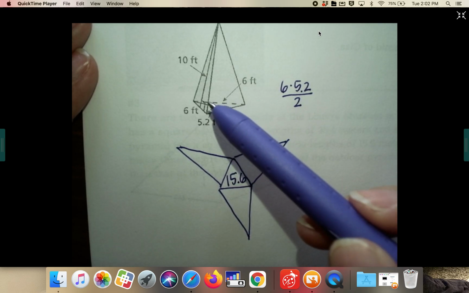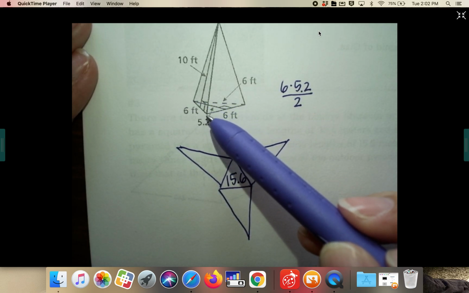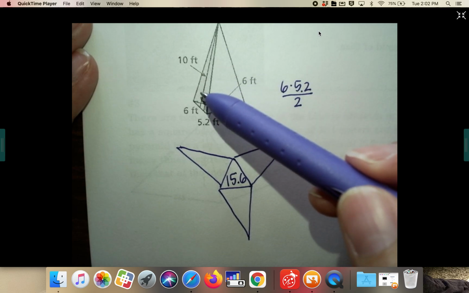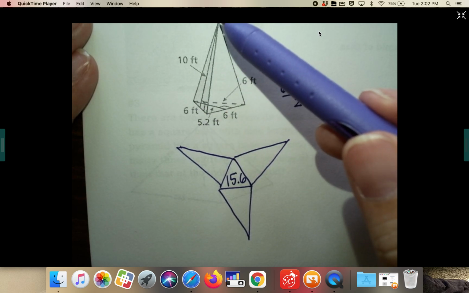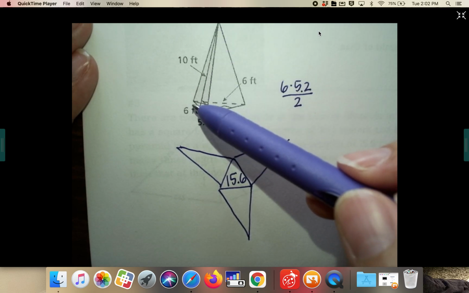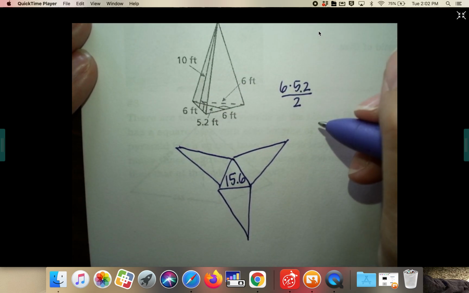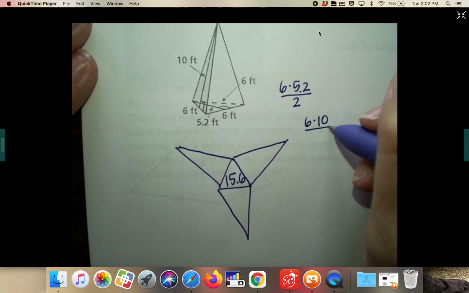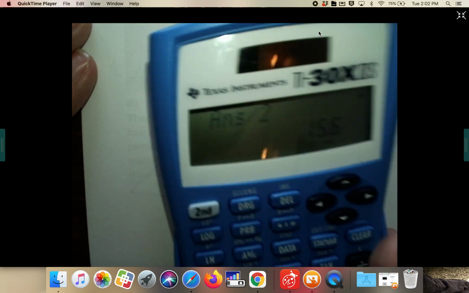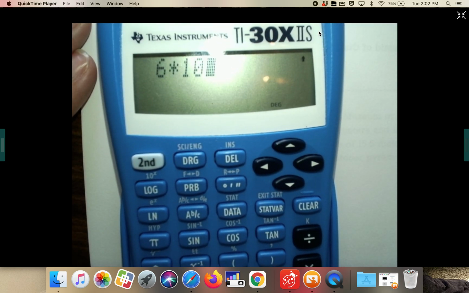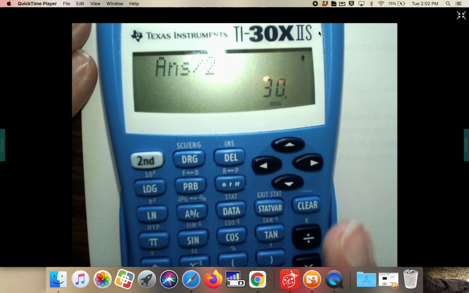Now let's look at how the edges are 6 by a height of 10. So for these taller ones, these outside edges, it is 6 by 10. So we're going to do 6 times 10 divided by 2 because they're triangles. So 6 times 10 is 60, divided by 2 is 30.